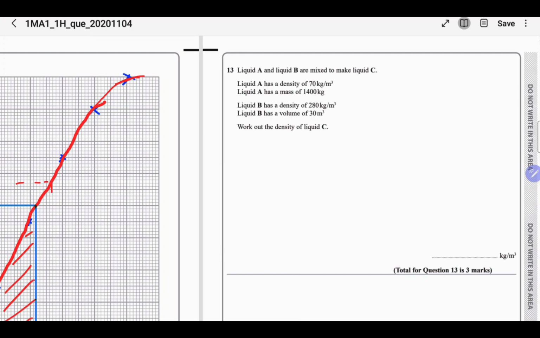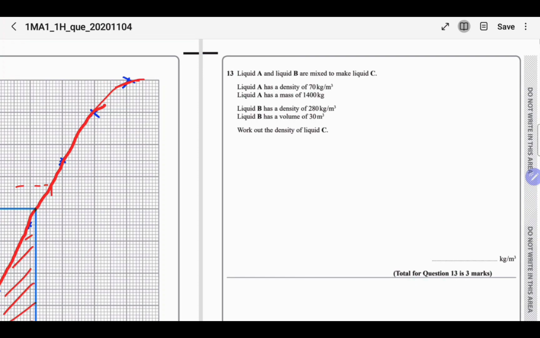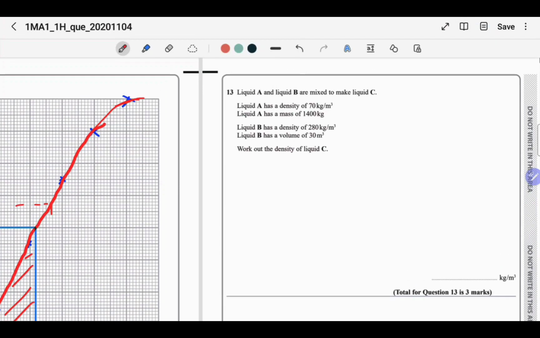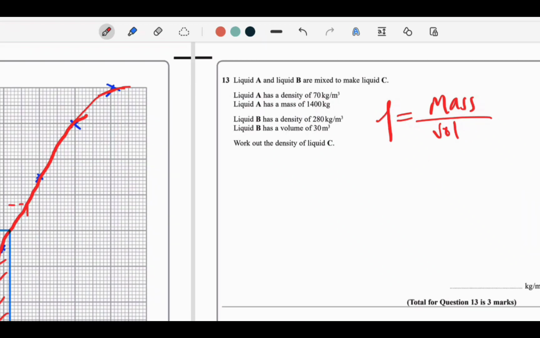Okay, so they are both combined. We have to combine their masses together. So first of all, we know that density is equal to mass over volume. So we're gonna need their combined volumes.